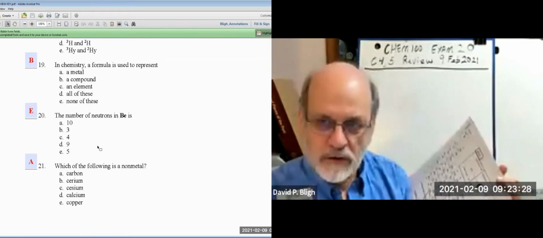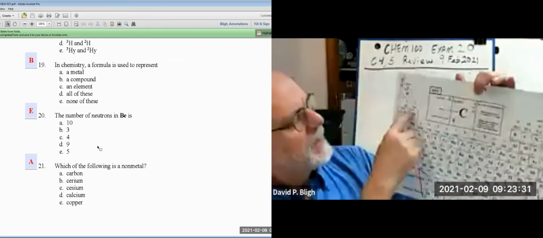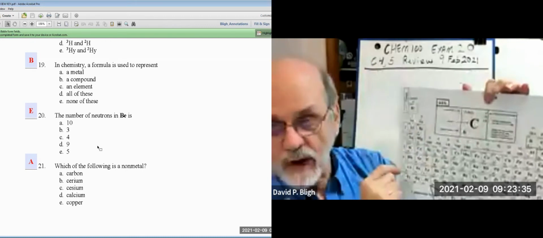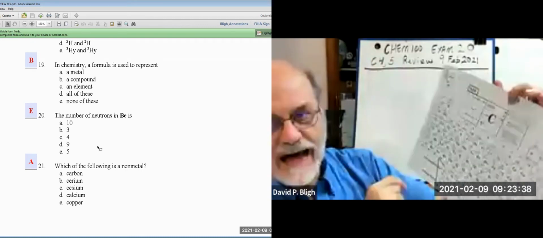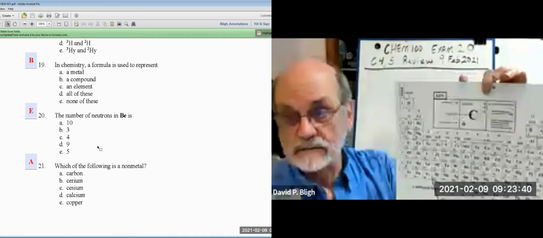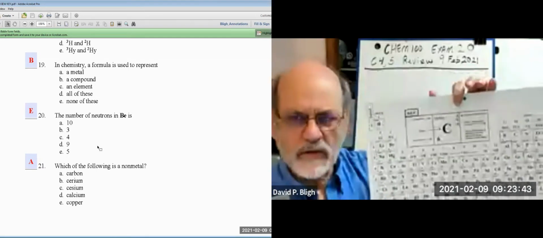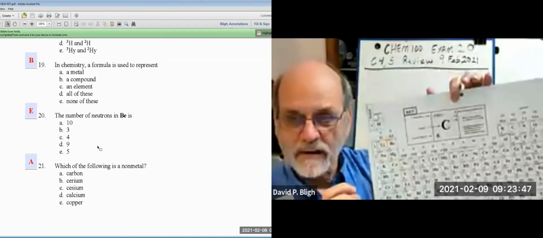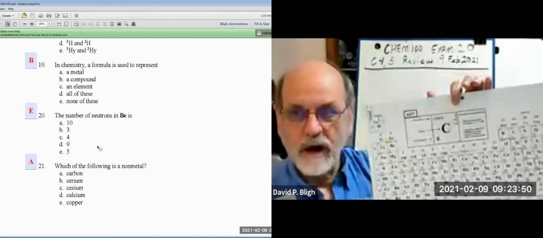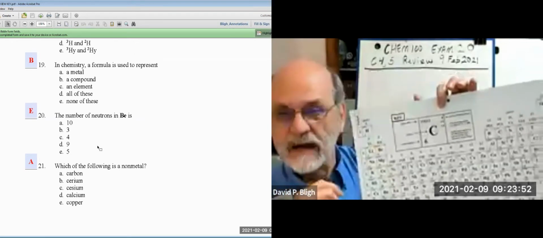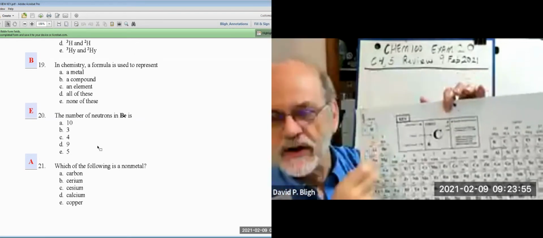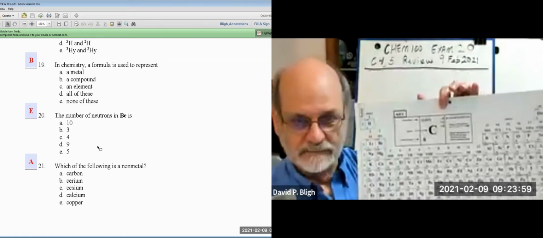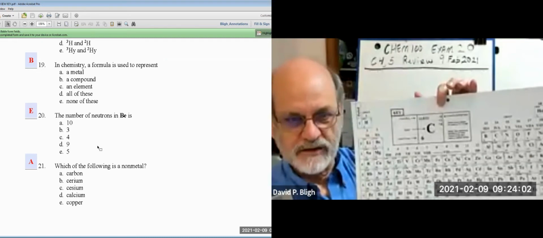So if you look at the atomic mass up here in the top of the square, it says 9.0128. Okay, so remember, when we do these calculations for atomic mass, it's a weighted average of the isotopes. And the number here is going to be closest to the most abundant isotope. So what's the most abundant isotope?